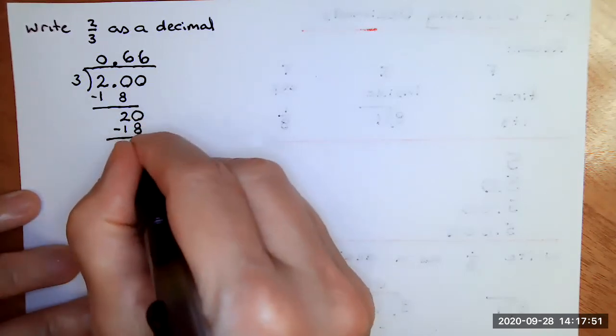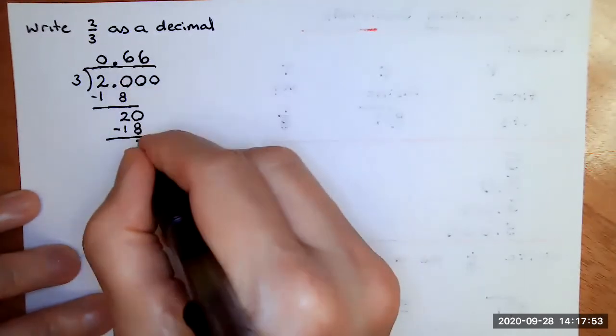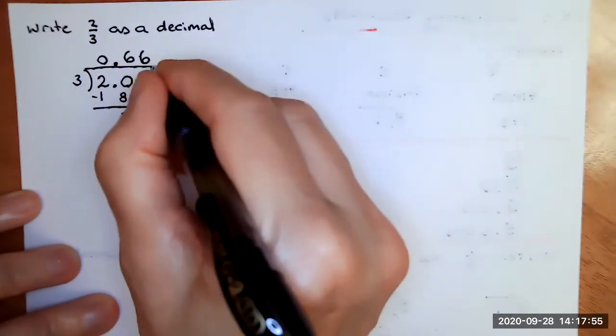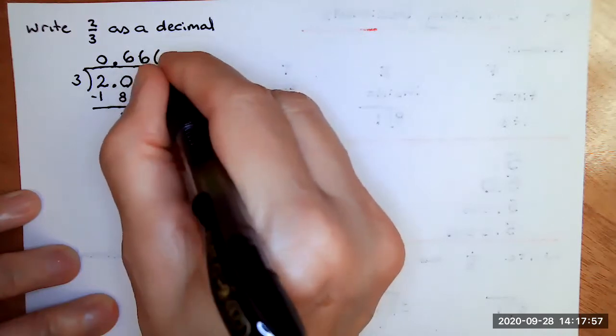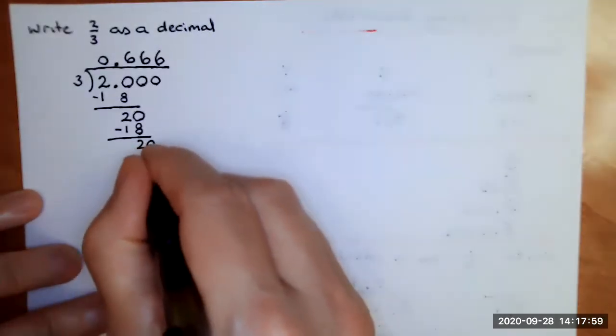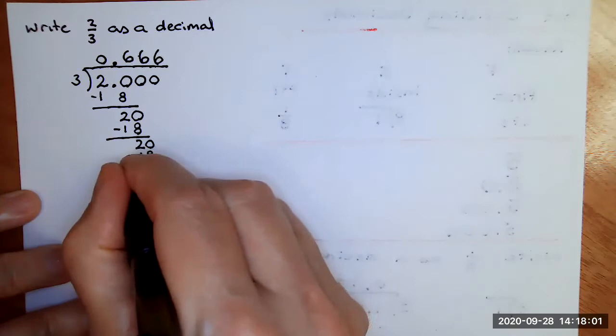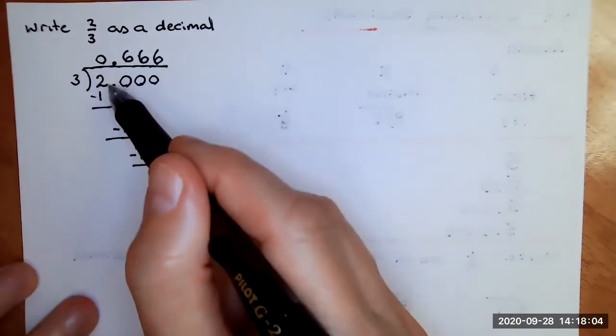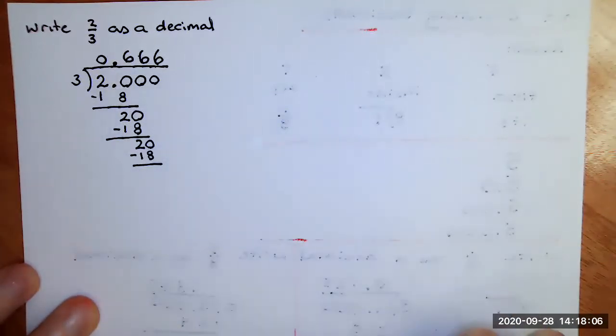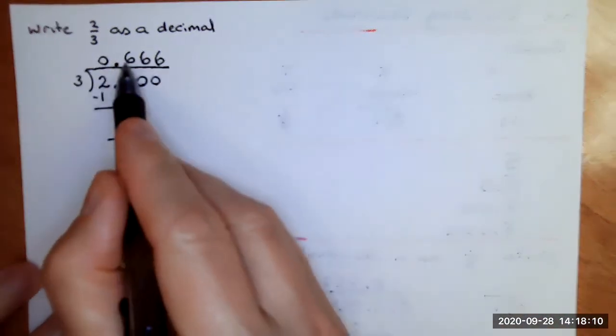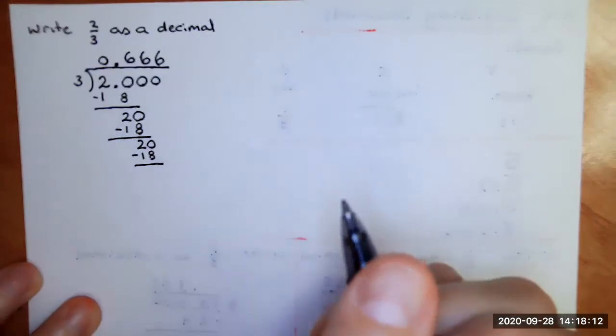Subtract. You get 2. By now you might be getting a feeling of deja vu, like I've been here before. And you probably know what's going to happen. It's just going to keep repeating. So that's the second stopping rule. If you can see that it repeats, then you stop.